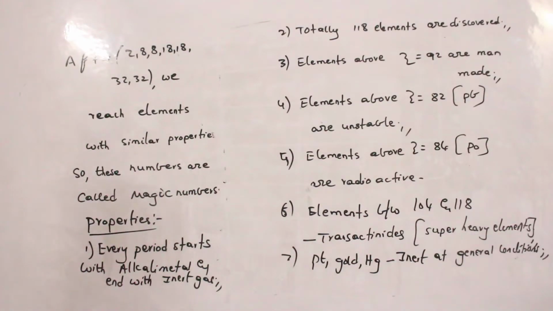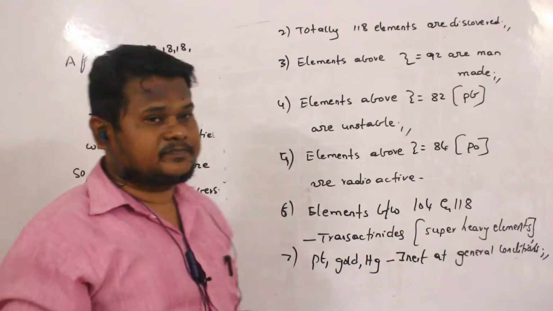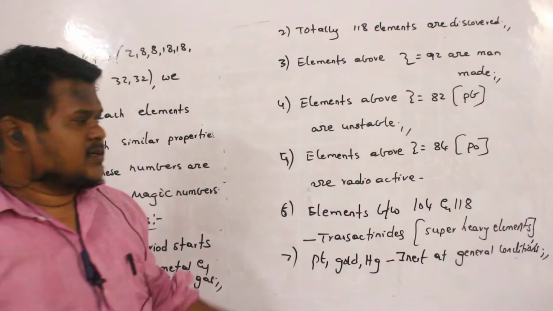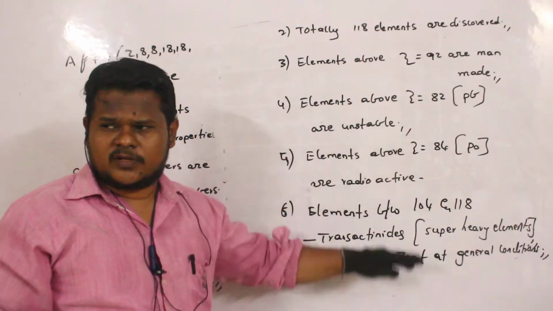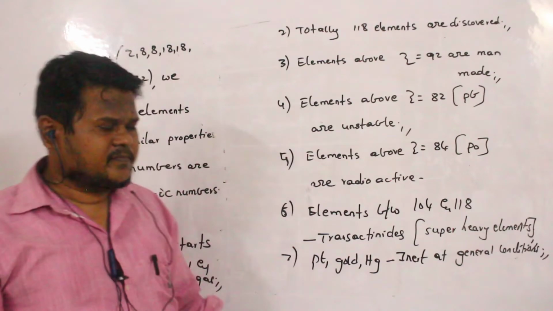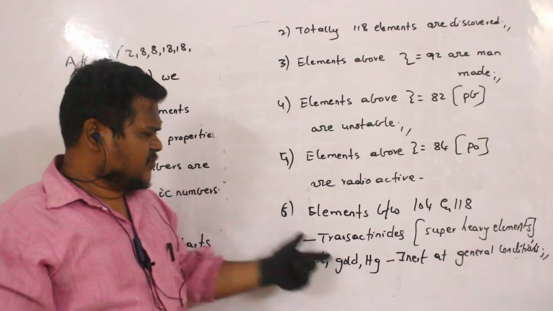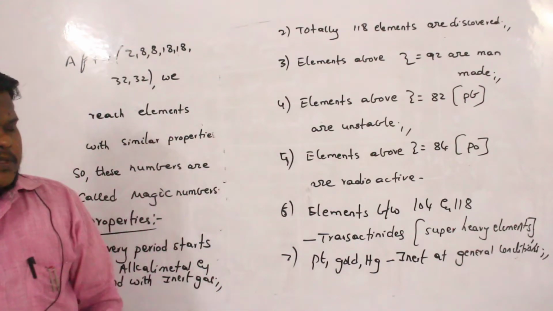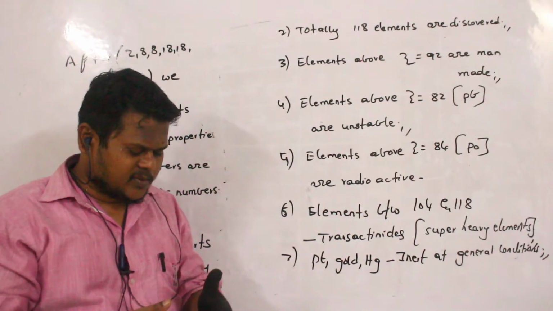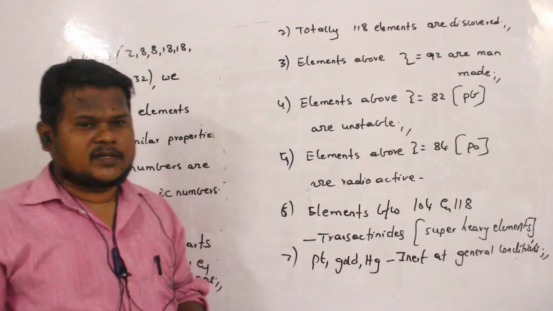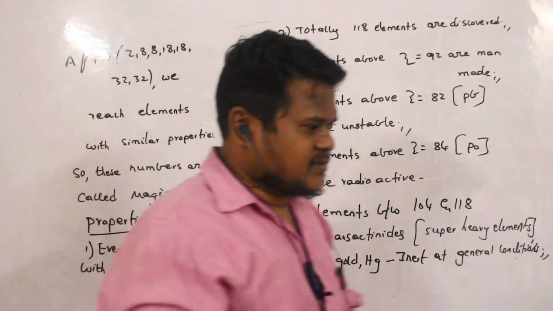It means they don't like to react with other elements. So these are some basic properties of this modern periodic table. Tomorrow we will draw a good picture of this modern periodic table, and then we will try to understand all the properties present here. Thank you. We will continue in the next class.